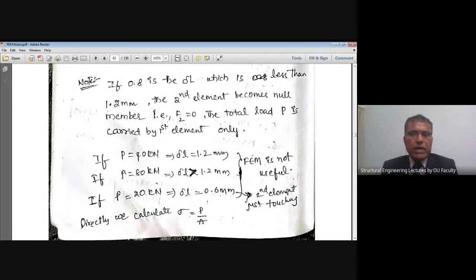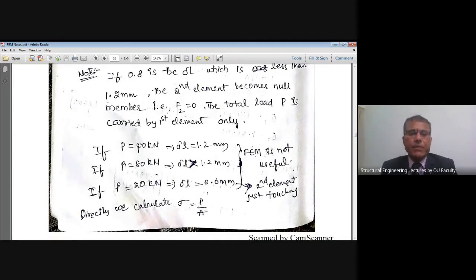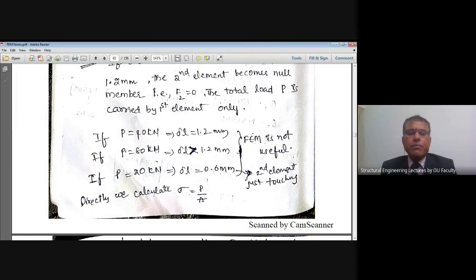Now, students, in the previous problem, if the load P is equal to 40, then the elongation will work out to 1.2, and then element 2 will not be under either compression or tension. But if the load P is equal to 80 kilonewton, then delta L is equal to 1.8, which is greater than 1.2, and then element 2 will be under compression.